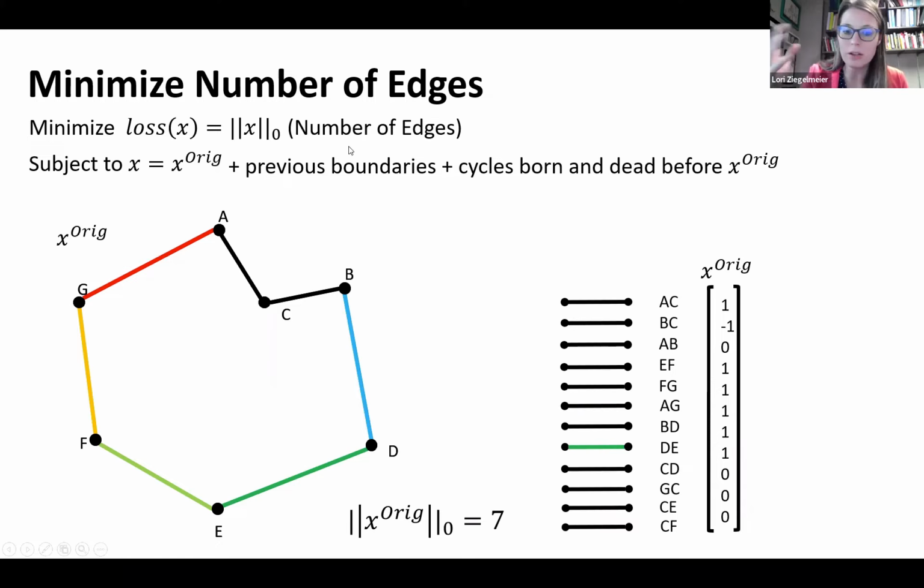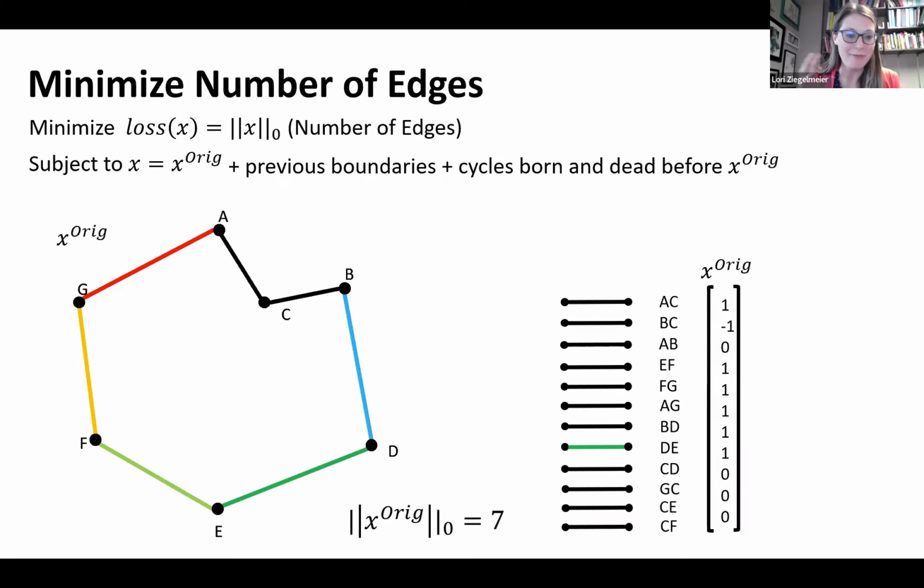And what we do is we say, okay, take our original cycle and then add some boundaries. Now, in an early paper by Day, this is what they considered. They wanted to find homologous cycle representatives. But in the Escolar and Hiraoka paper, they wanted to sort of factor out redundant information to get a cycle basis. And so they included that we can also add cycles that are born before X original.